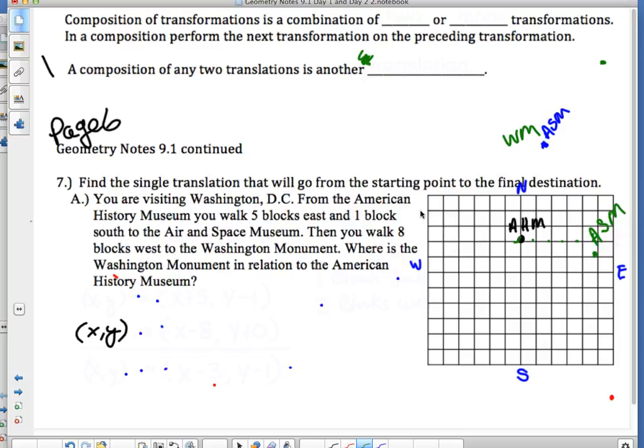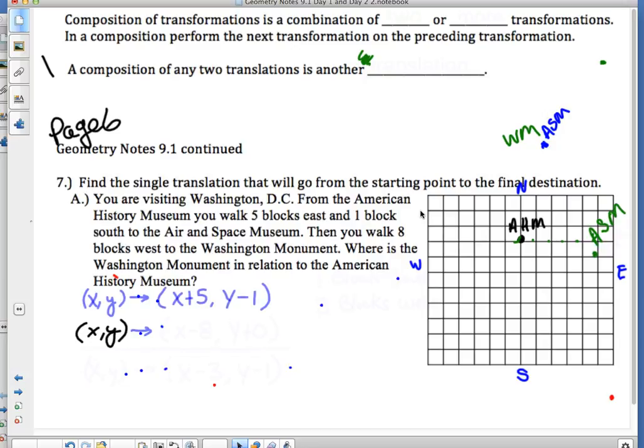Now, let's assume we looked around, and all right, we're cool, but before we go, we're going to ask a geeky question. You ready? What was the rule to go from the AHM to ASM? Remember, we went 5 to the right, so it's like adding, and we went 1 down because it's like subtracting.